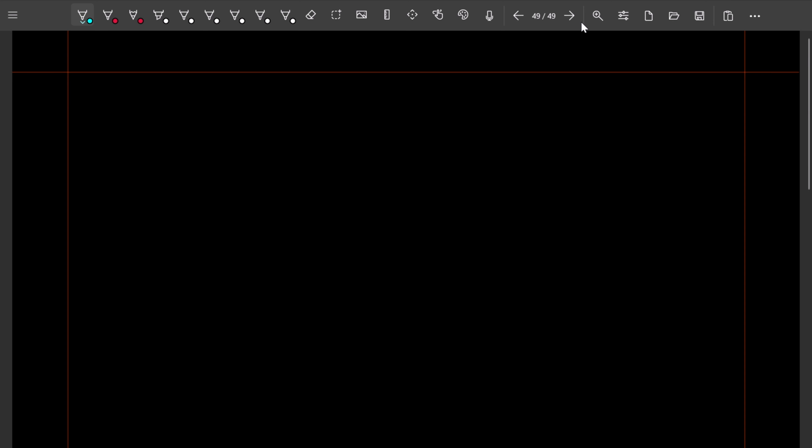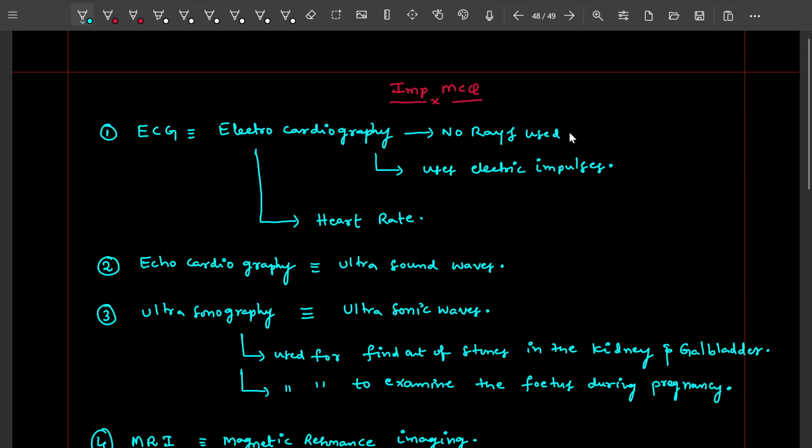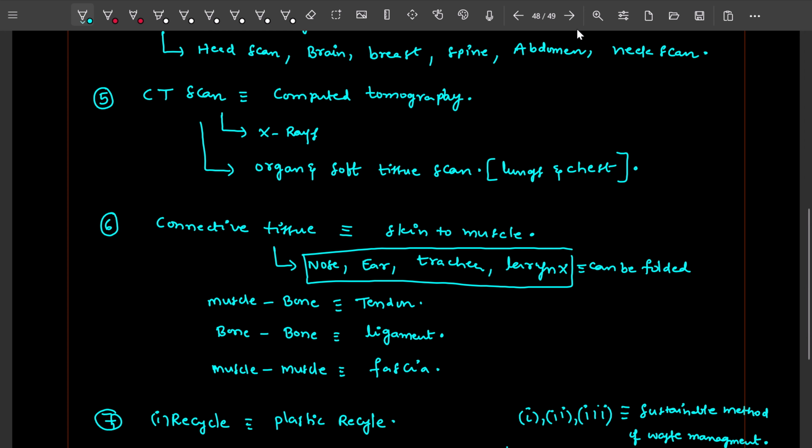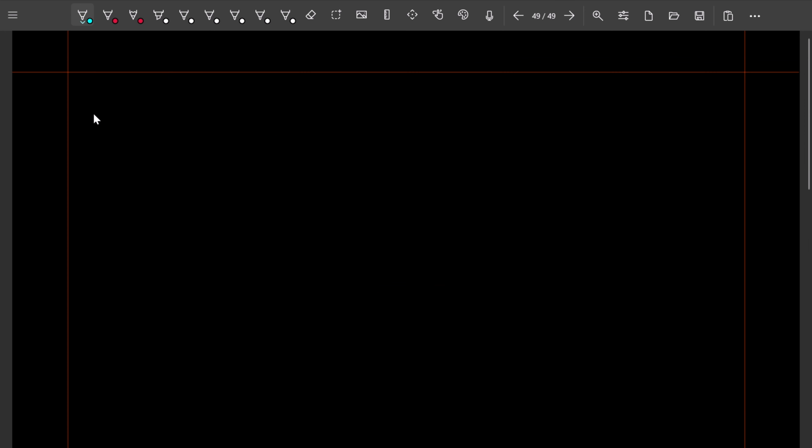Next, we have seen the seventh, then we will see the eighth point.